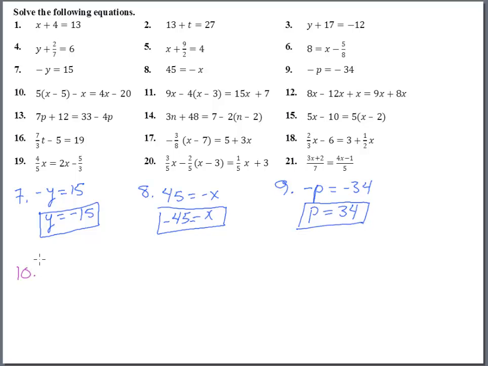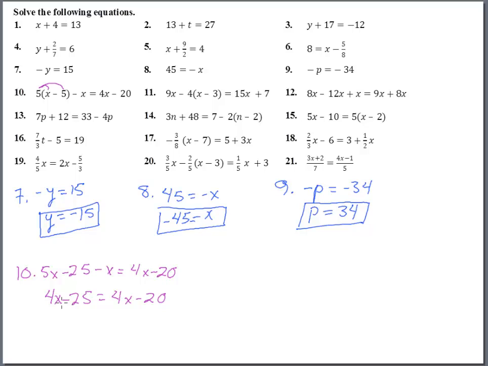Number 10. We're going to start out this one by distributing this 5. So we get 5x minus 25 minus x equals 4x minus 20. Combine the two x's and we have 4x minus 25 equals 4x minus 20.